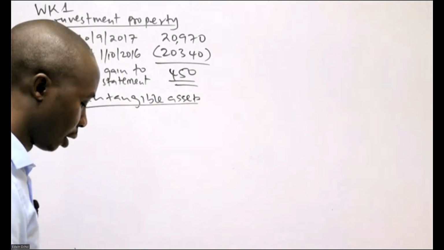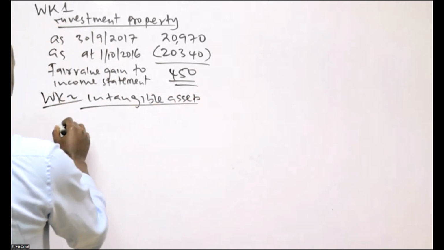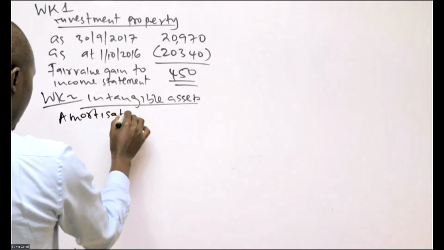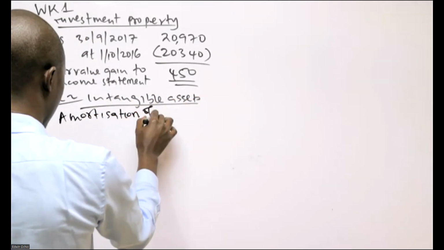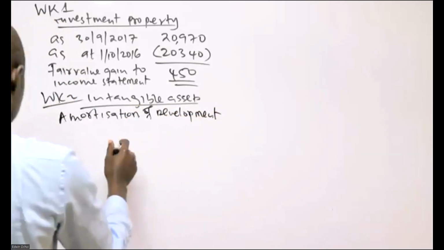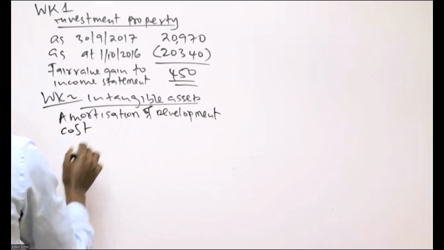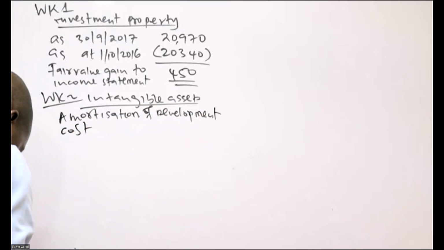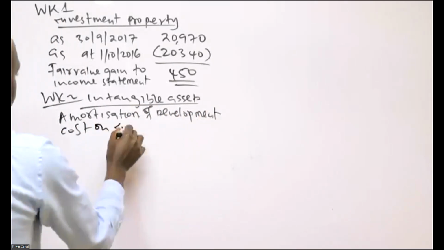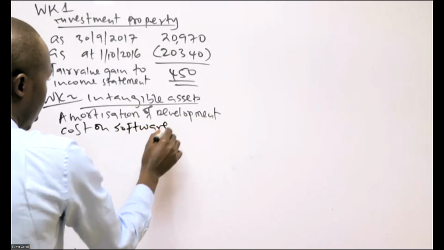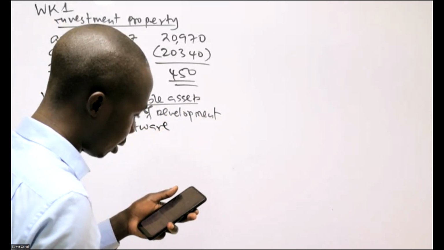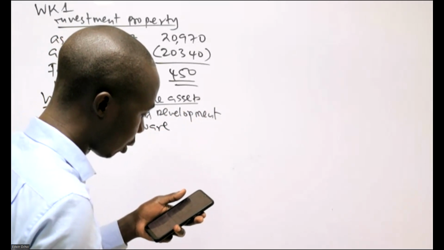So let's look for the amortization of development cost on software. Remember that in additional information number 1, they say the development cost on software.